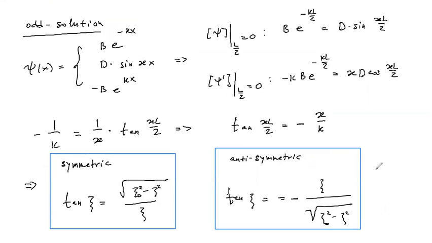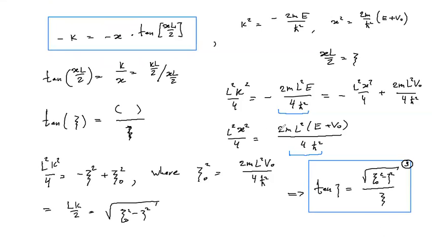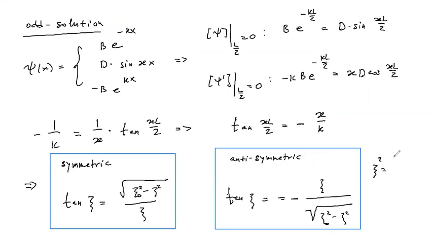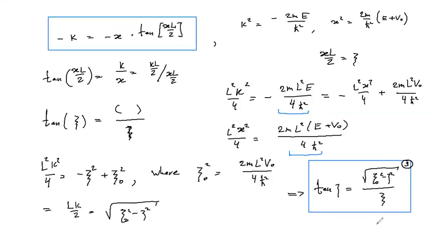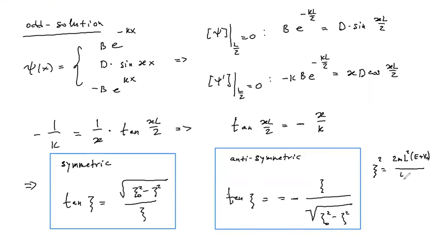So xi square equals, one more time, 2m L square, then energy plus V naught over 4 h bar square. The energy changes, so my parameter xi is going to change.